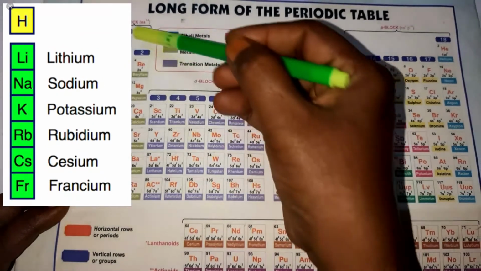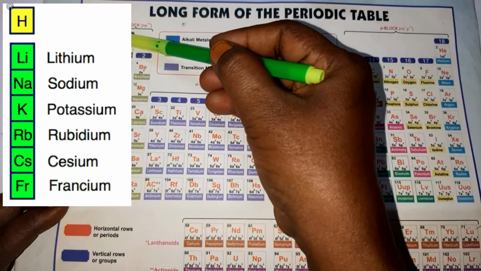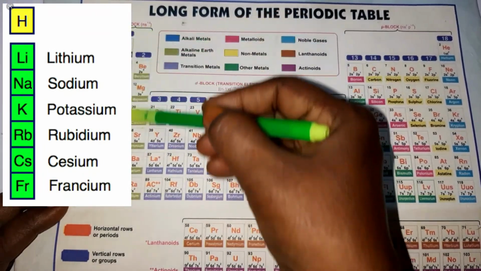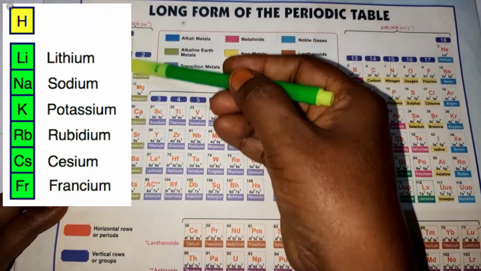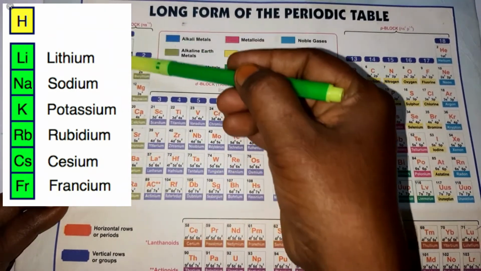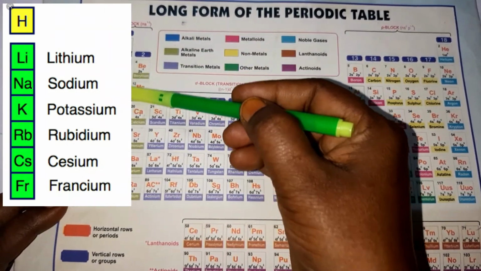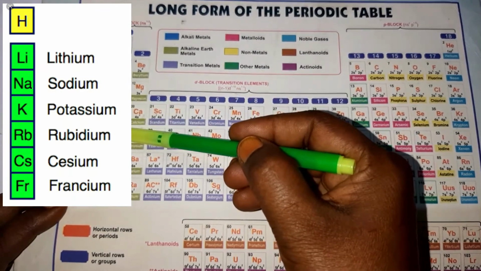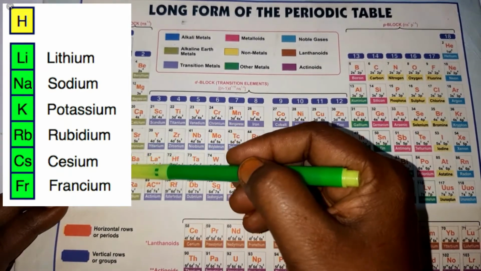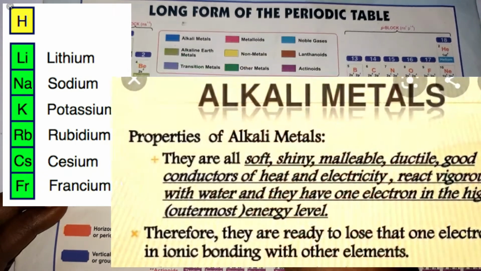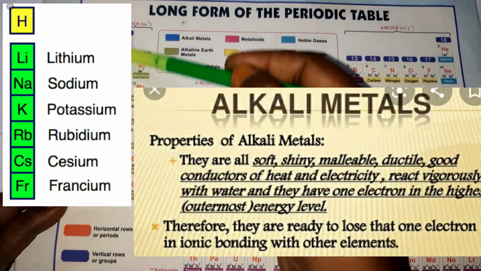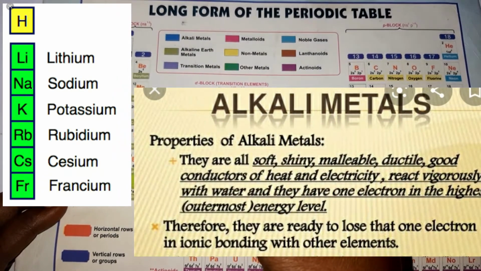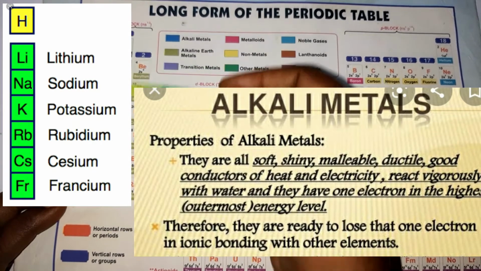Now if we look at the first group elements, children, like hydrogen, lithium, sodium, potassium, rubidium, cesium, francium, these are all alkali metals, children. So what are the properties of these alkali metals? These alkali metals are also called active metals, children.